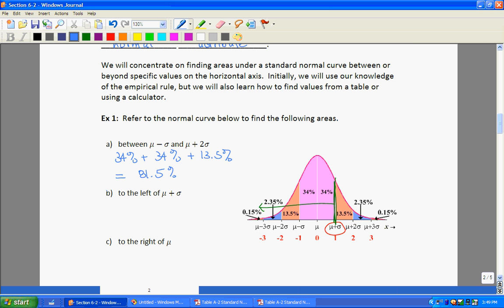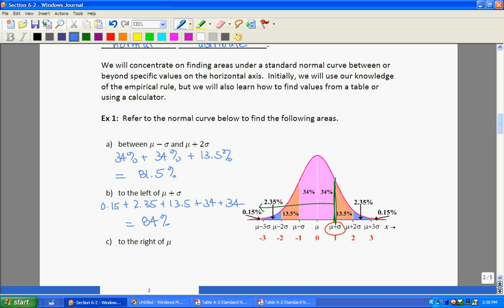So that means I'm going to add up 0.15, 2.35, 13.5, and then two sections of 34. Let's see what that gives us. And that gives us exactly 84% of our data.